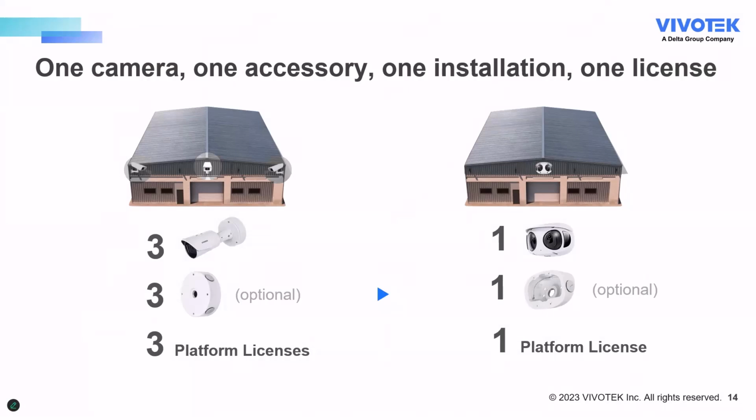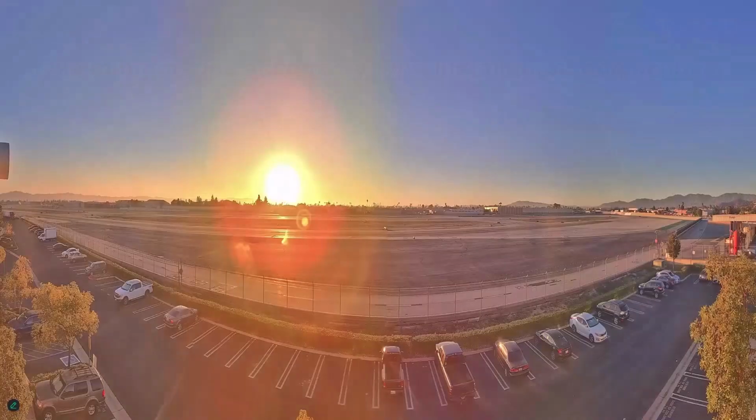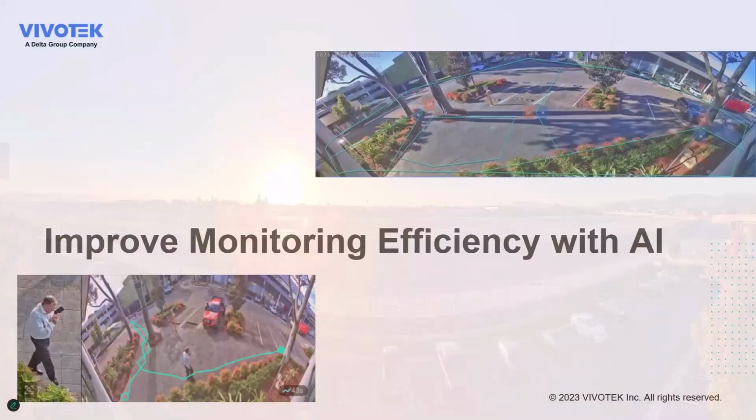Additionally, with our panoramic cameras, you only need one license and one channel for management, simplifying your setup and lowering ongoing operational costs. Over time, these savings are going to add up, making panoramic cameras not just a smarter choice for coverage, but also a more cost effective solution for your surveillance needs.